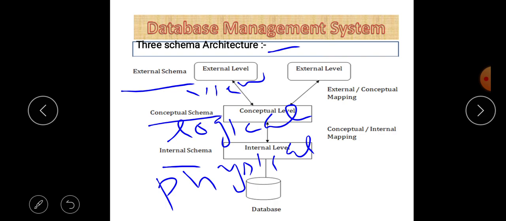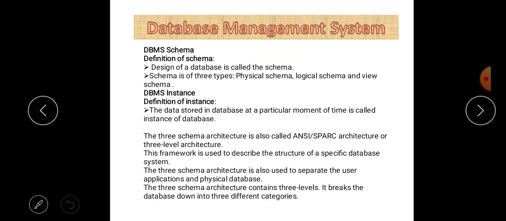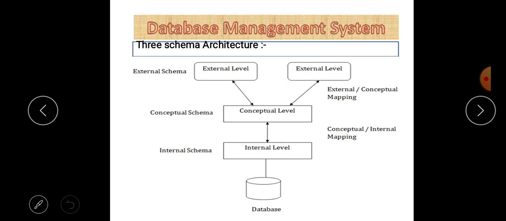Internal is also called physical, conceptual is also called logical, and external schema is also called view schema. So physical, logical, and view. This is physical, this is logical, and this is view.